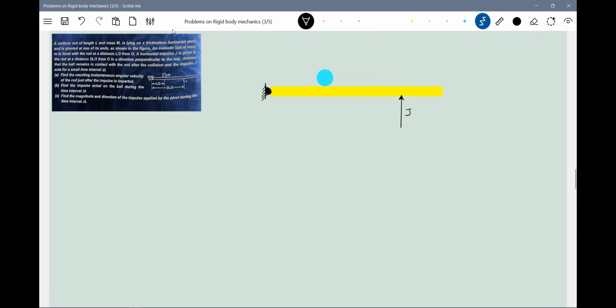So shall we just say that it will acquire angular velocity omega? Then what is the expression? J into 2L/3 should be equal to the moment of inertia. Moment of inertia of the rod will be mL²/3, plus that of the particle.